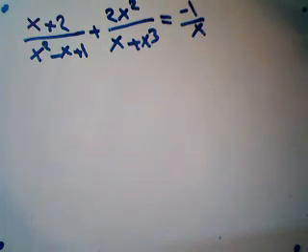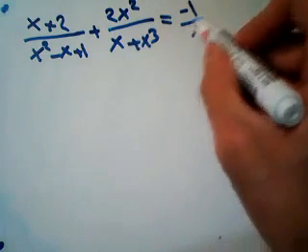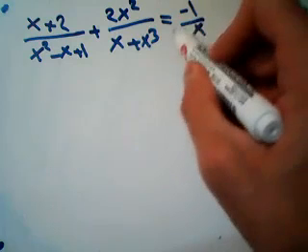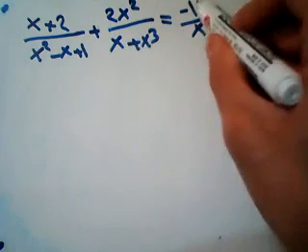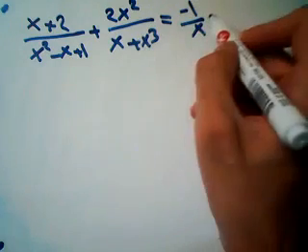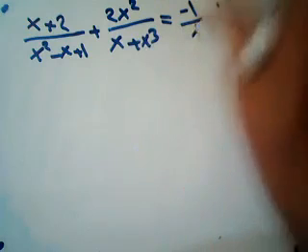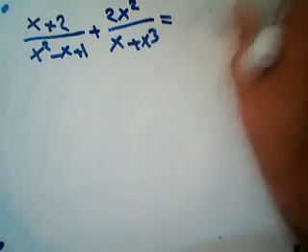Okay? How should we solve it? First we add both sides by 1 plus 1 over x, plus 1 over x makes it 0, in order to make one side 0.